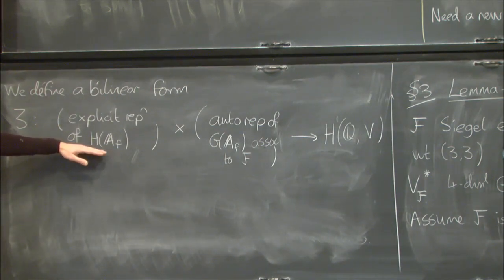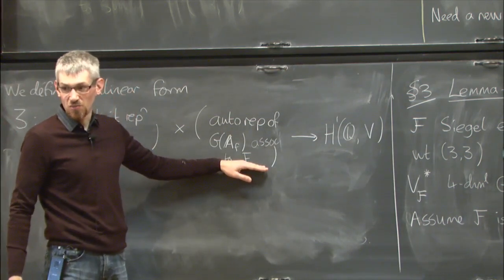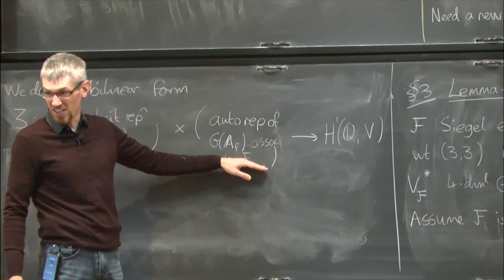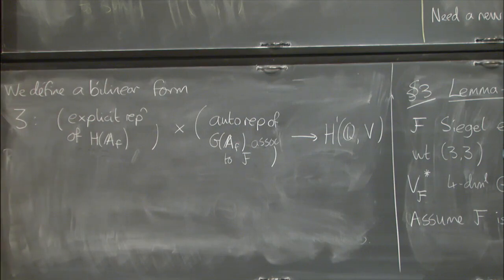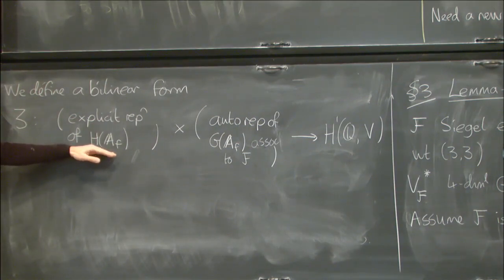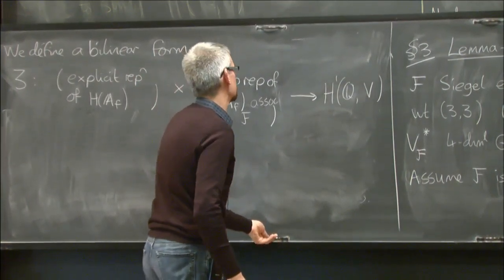A vector in here is some linear combination of Siegel units. A vector in here is some linear combination of translates of the new vector. And I send that to the appropriate linear combination of translates of the push forward of my Siegel unit. And this gives me a way of building classes.